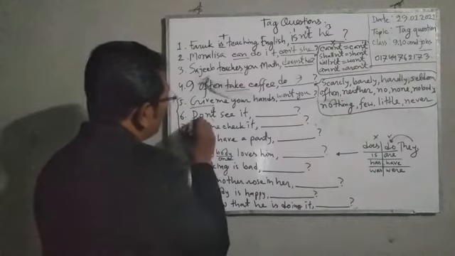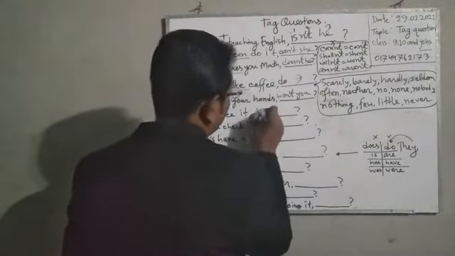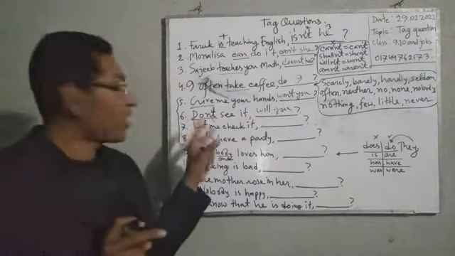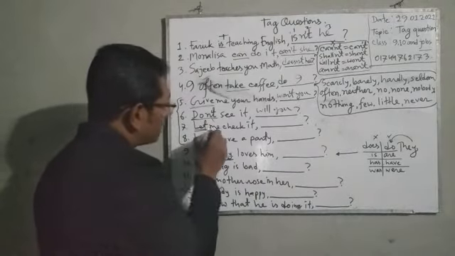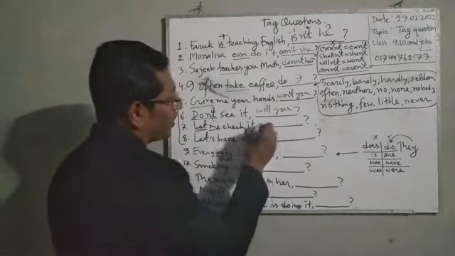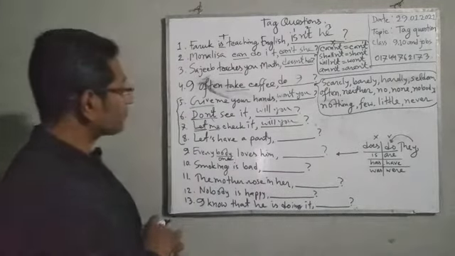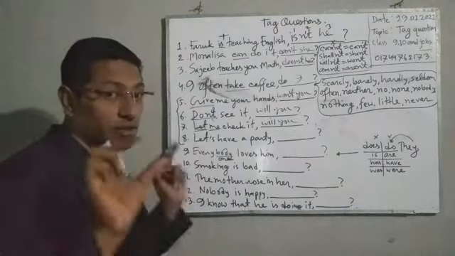And if the sentence starts with don't, we use "will you". And if the sentence starts with let and something, another object, we use here "will you".